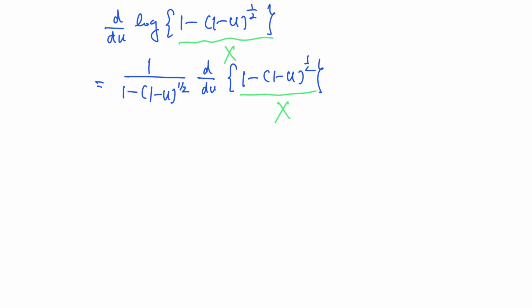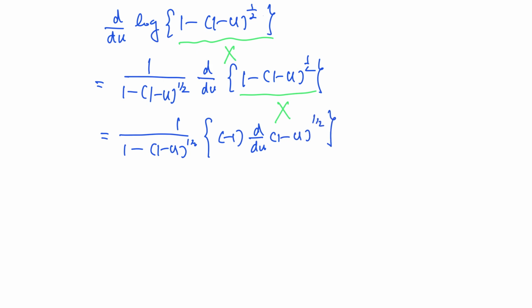So by now you must be familiar with the chain rule. 1 minus u 1/2. What do you get? We have minus sign, and du d 1 minus u half.